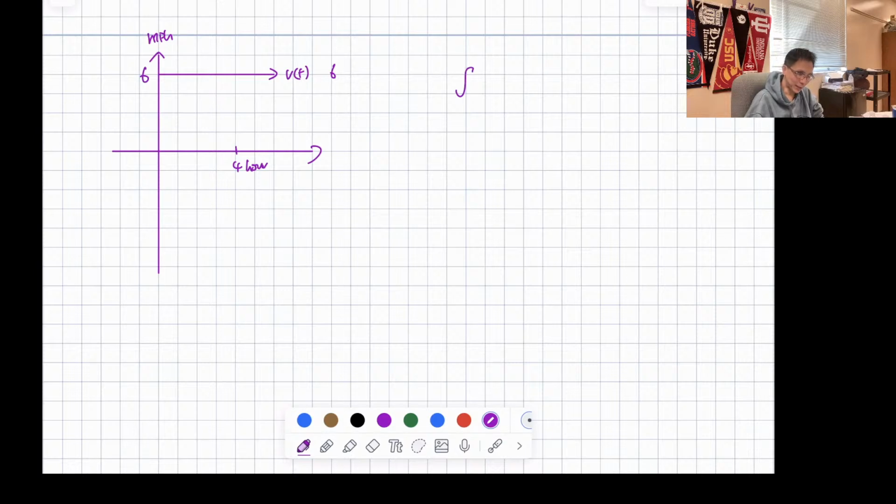So basically the integral of velocity between 0 and 4 is 6 times 4 minus 6 times 0. That's just a little bit of talking about displacement.